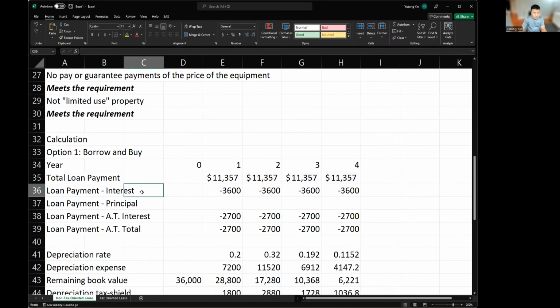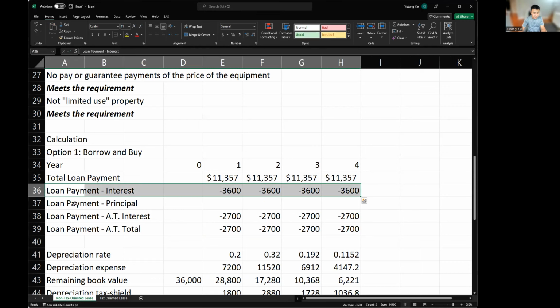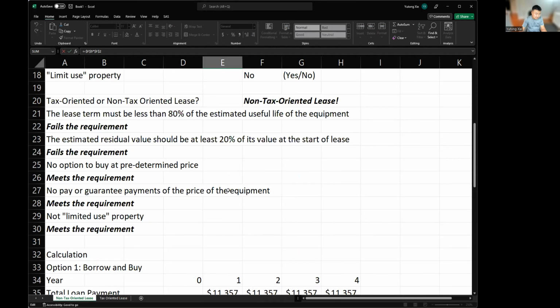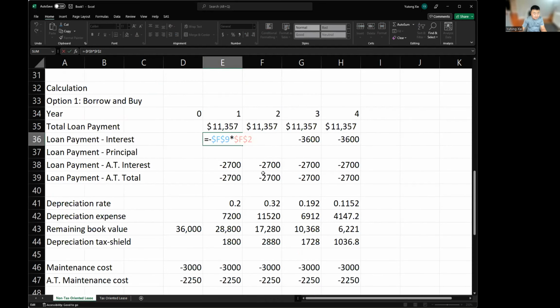And because this loan is amortizing, I just need to split it into interest and principal. The interest payment in a non-amortizing loan is the interest rate multiplied with the total principal. That's all right because the principal doesn't decrease.